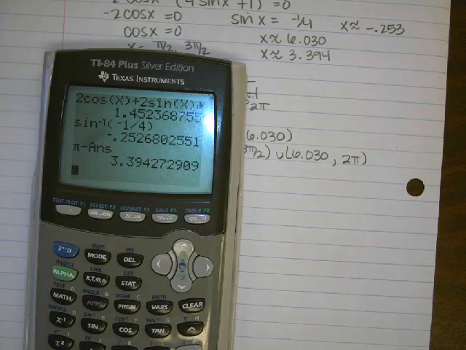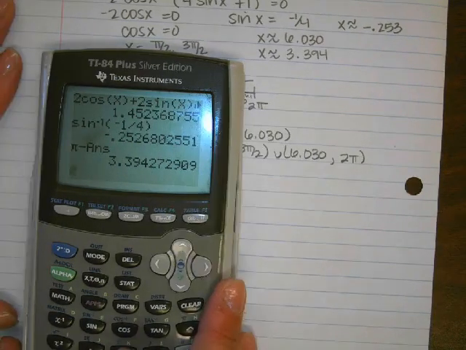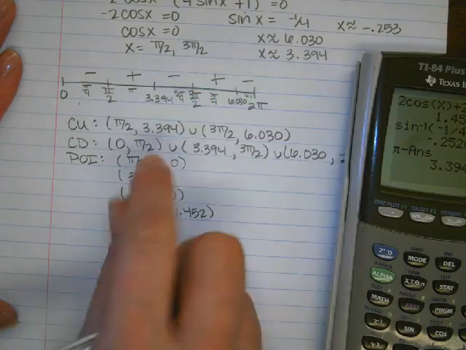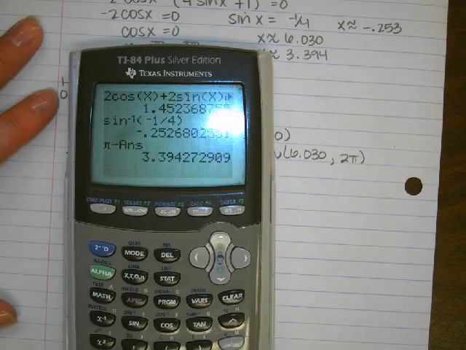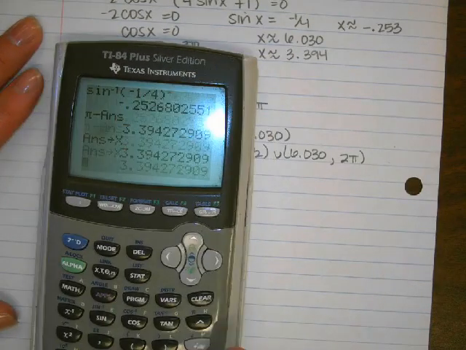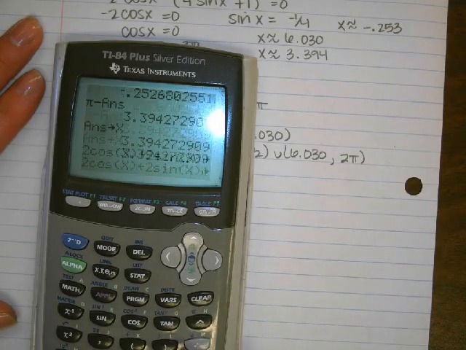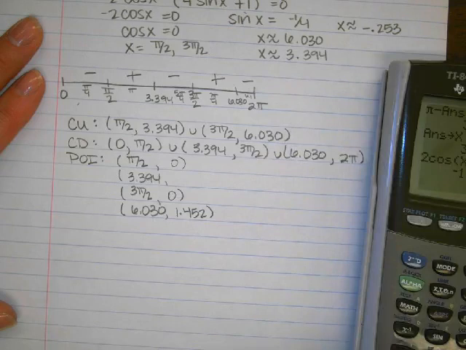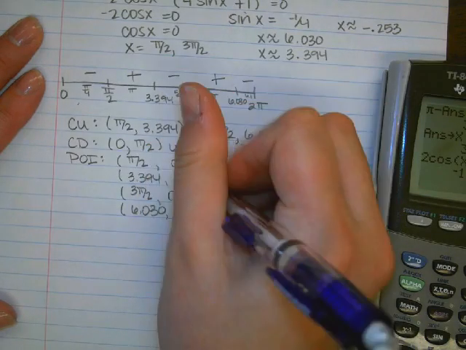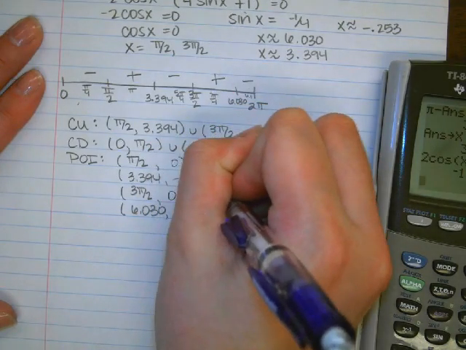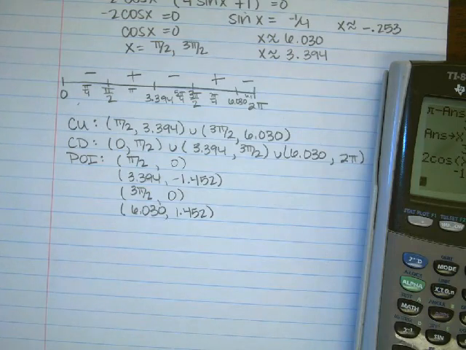I guess that would have worked actually. 3.394, stored as x. Okay, and then I can go up here and plug it in. -1.452. Okay.